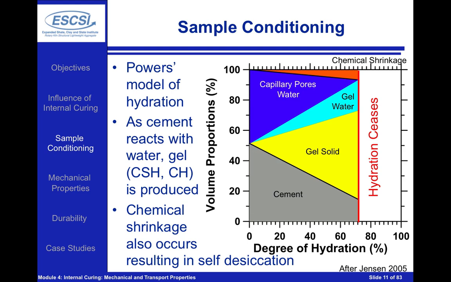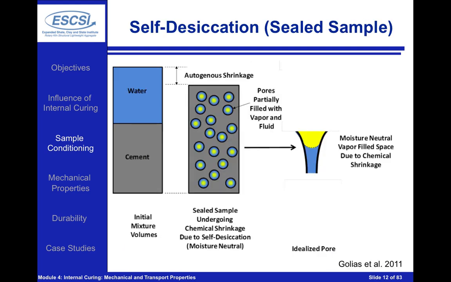As the cement reacts with water, the dark blue and the gray volumes will decrease, and that will be replaced by the gel solids, which is our calcium silicate hydrate, our calcium hydroxide, which is essentially going to be that yellowish region, the gel water, which is our aqua region, and we also will get some chemical shrinkage, which is going to be open space inside of the system.